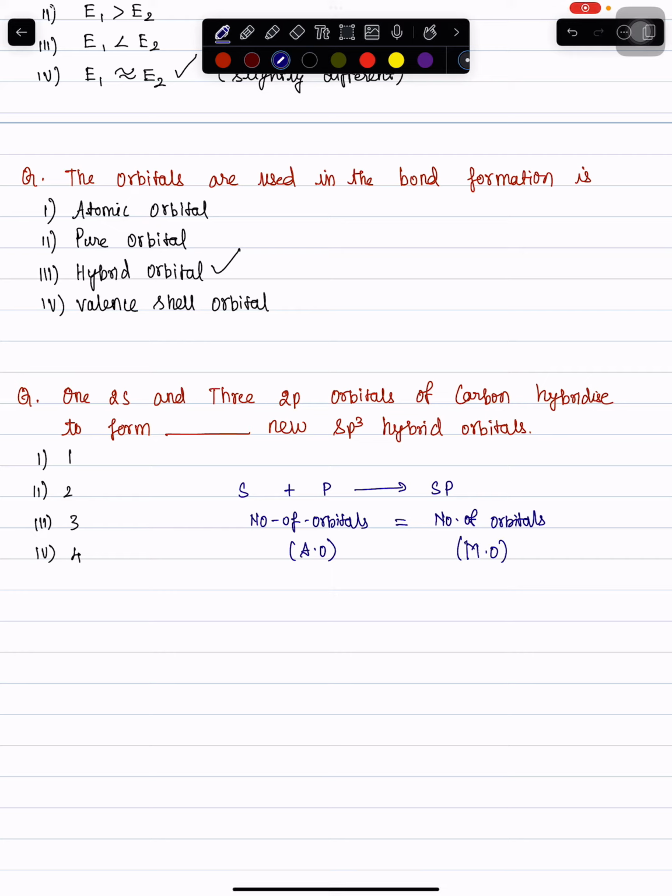In the question, they said one 2s and three 2p, so totally we will get 4 sp3 hybrid orbitals. So the correct answer is the fourth one, 4.